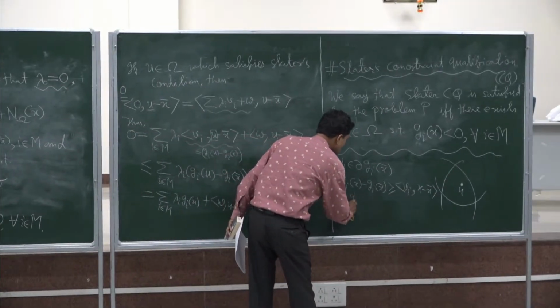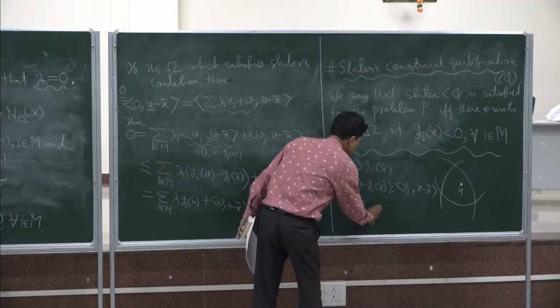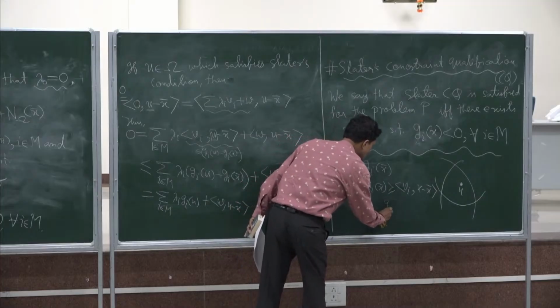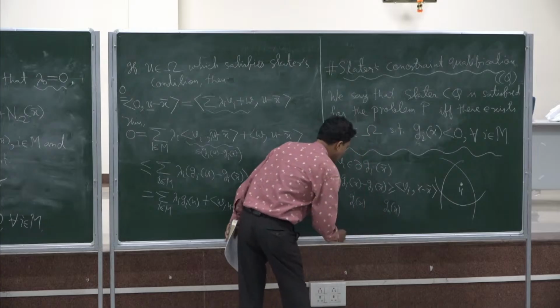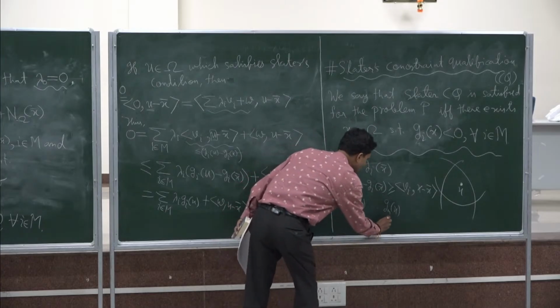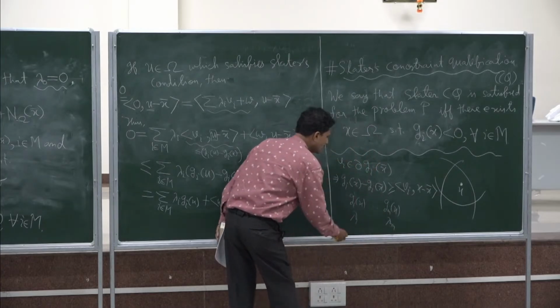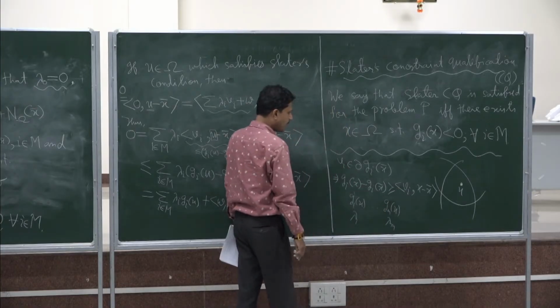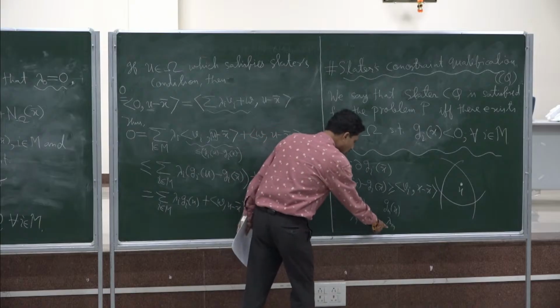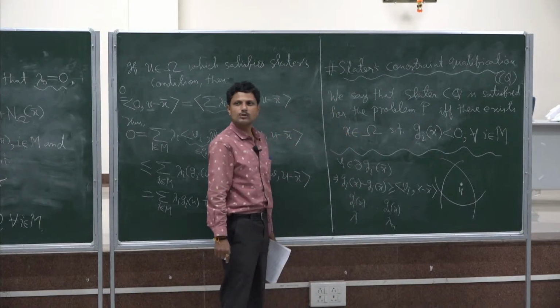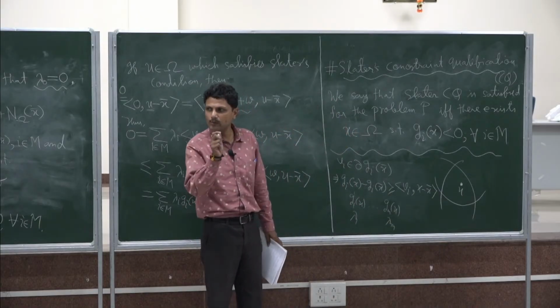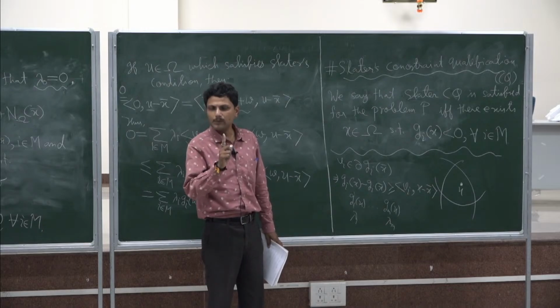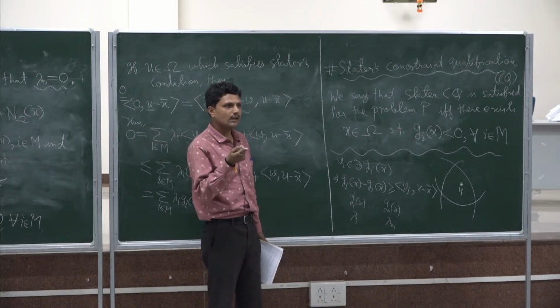So we have g1 u up to gm u and associated lambda 1 up to lambda m, but all of them cannot be equal to 0 simultaneously. So there will be at least one lambda i which is strictly greater than 0.